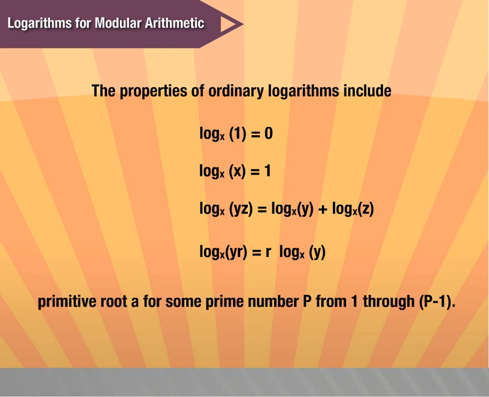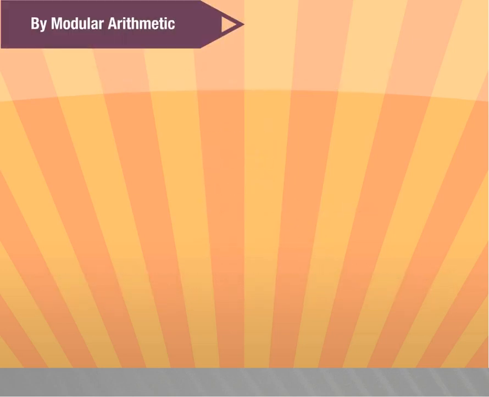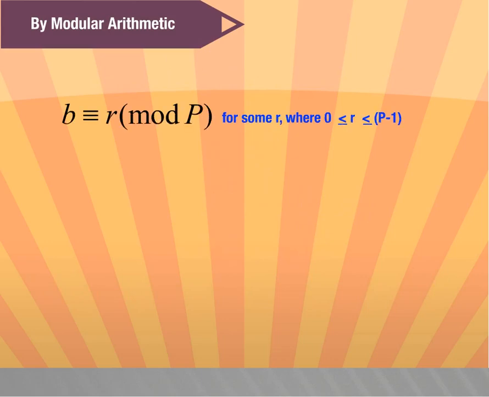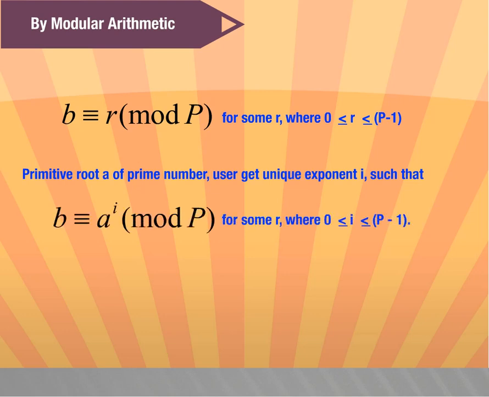Log base x of y^r is equal to r times log base x of y. Consider a primitive root a for some prime number p, with powers from 1 through p minus 1. By modular arithmetic, b is congruent to r mod p for some r, where 0 is less than or equal to r, less than or equal to p minus 1. For a primitive root a of a prime number, the user gets a unique exponent i, such that b is congruent to a^i mod p, where 0 is less than or equal to i, less than or equal to p minus 1.